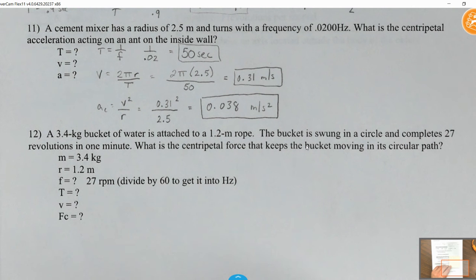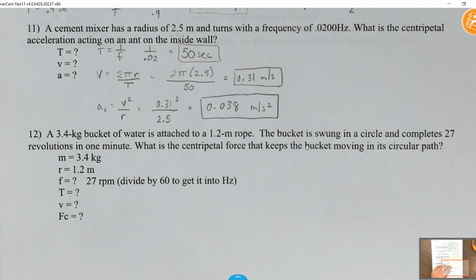Number 12 here. You have a 3.4 kilogram bucket of water attached to a 1.2 meter rope. So same bucket from problem 1, except they're not giving us a tangential speed here.